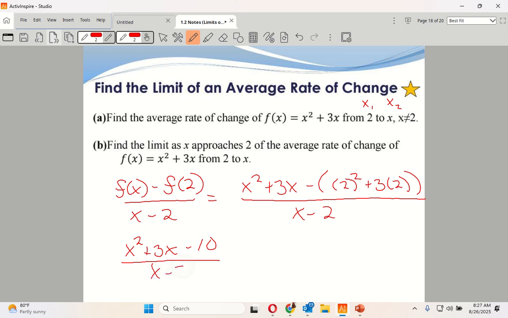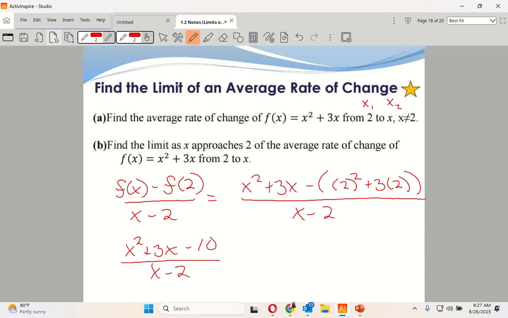x minus 2. Now, whenever I see something like that, I see a trinomial, and I'm looking at that fraction right there, everyone should be like, F that. Yeah, factor. See what I did there? F that, that's a factor. Say F that, factor that.